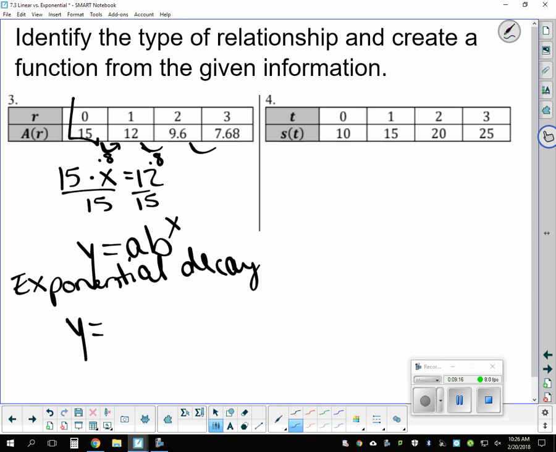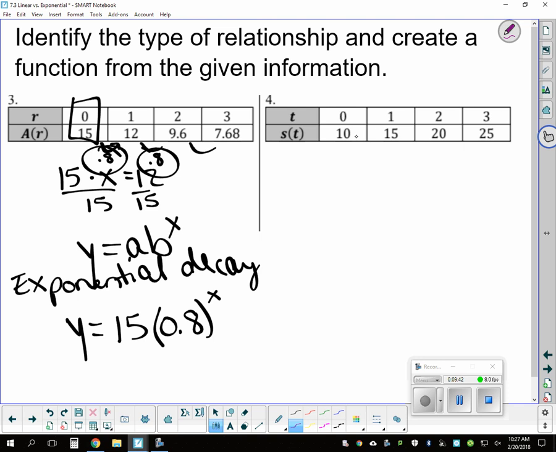It has to be matched up when X, your independent variable, is 0. So in this case, it is the first thing, and it's 15 times B. Now, we're not talking percents here. We simply have a decay factor, so you don't have to mess with any of that 1 plus or minus stuff. It's just your growth factor, which goes in right here. Actually, it's a decay factor, 0.8 to the X.